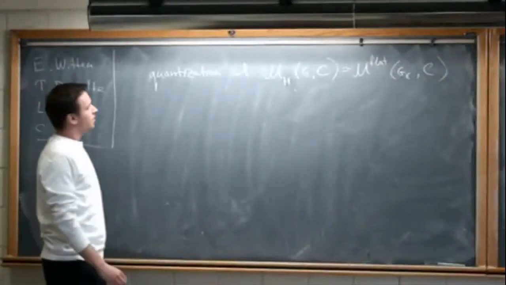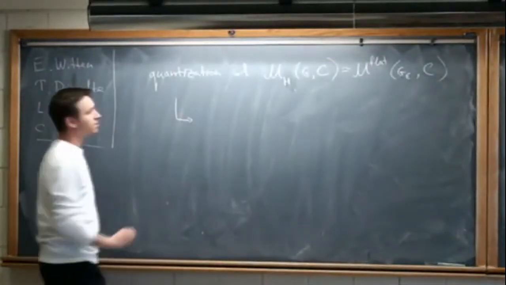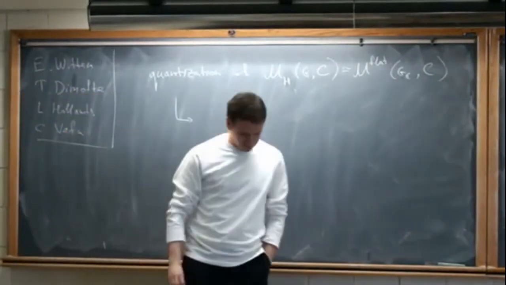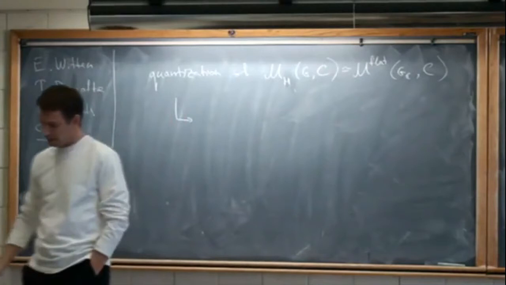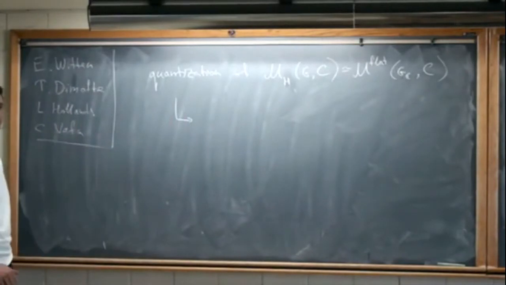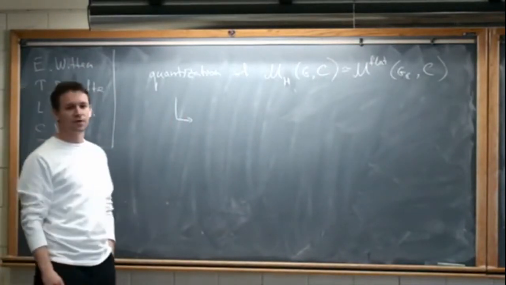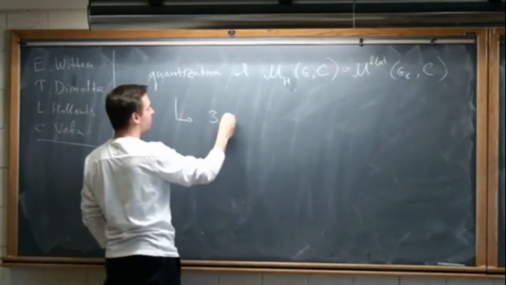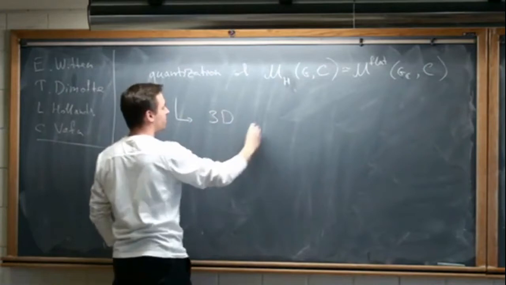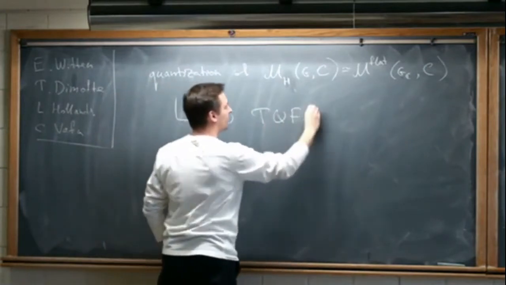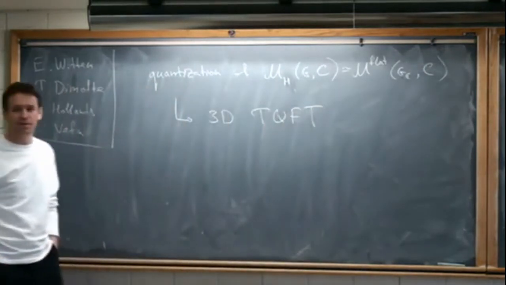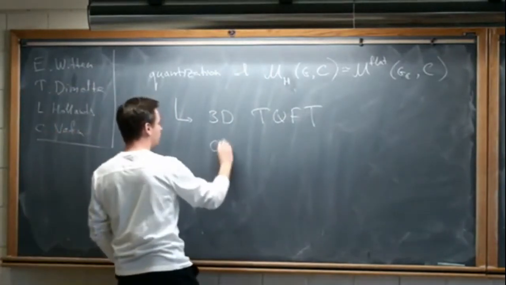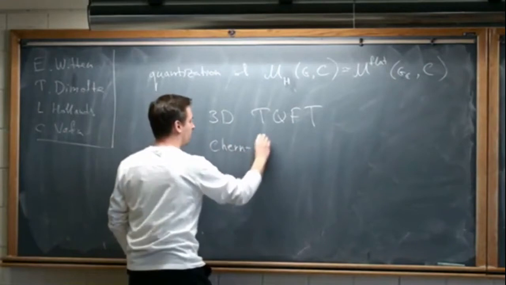So quantization of this phase space leads to a Hilbert space, which is very interesting, but not only the Hilbert space, it also comes with a lot of additional structure which can be packaged in the gadget of three-dimensional TQFT. In fact, in this case, the three-dimensional TQFT in question is a familiar type of Chern-Simons gauge theory.